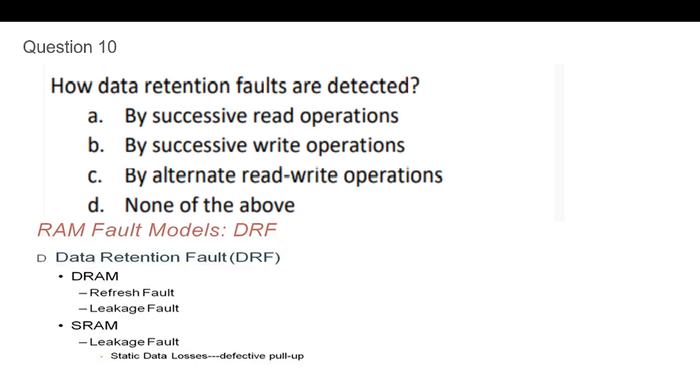Next is, data retention faults are detected. So how to detect data retention faults? Now what are data retention faults? They are when the refresh circuitry has a fault. Because of the leakage, the cell is trying to discharge.